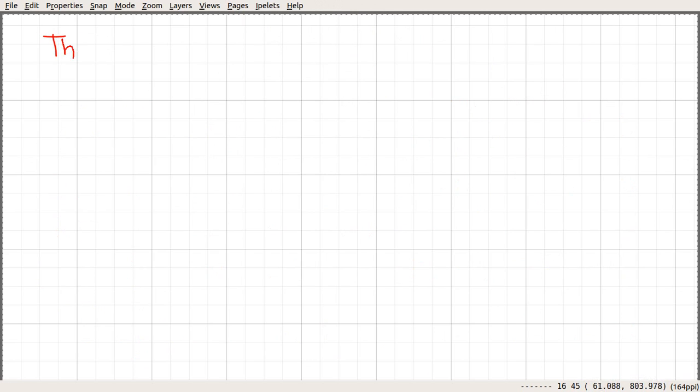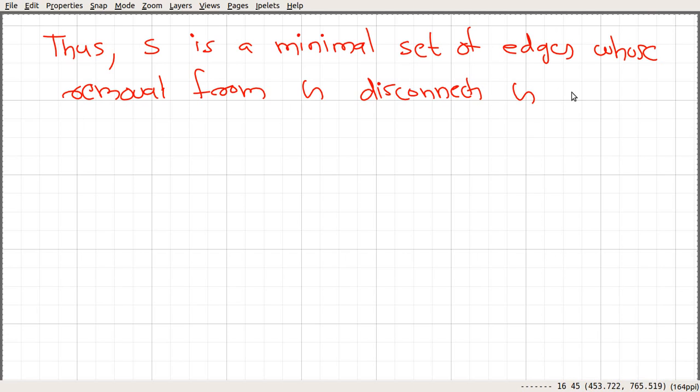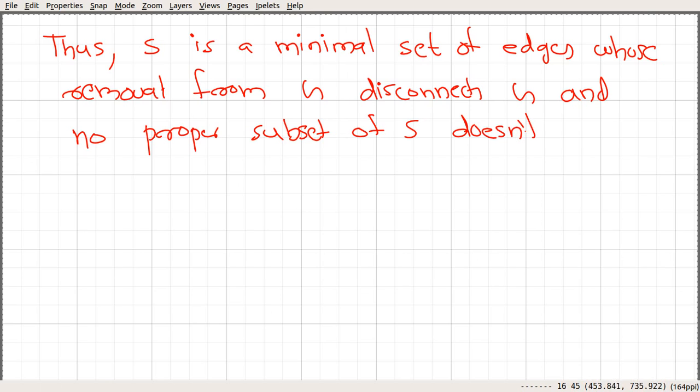Thus we can see that this S is a minimal set of edges whose removal from G disconnects G, and a proper subset of S doesn't disconnect it.